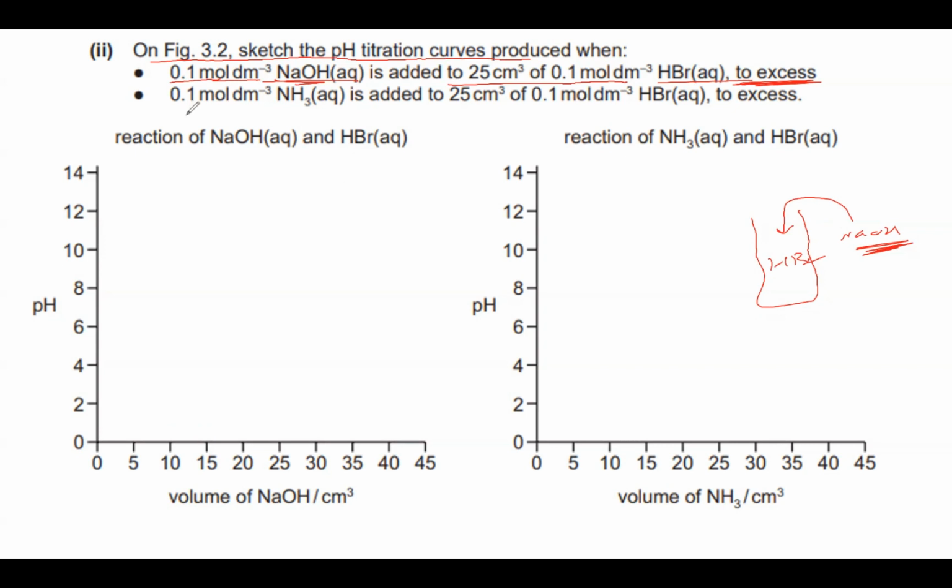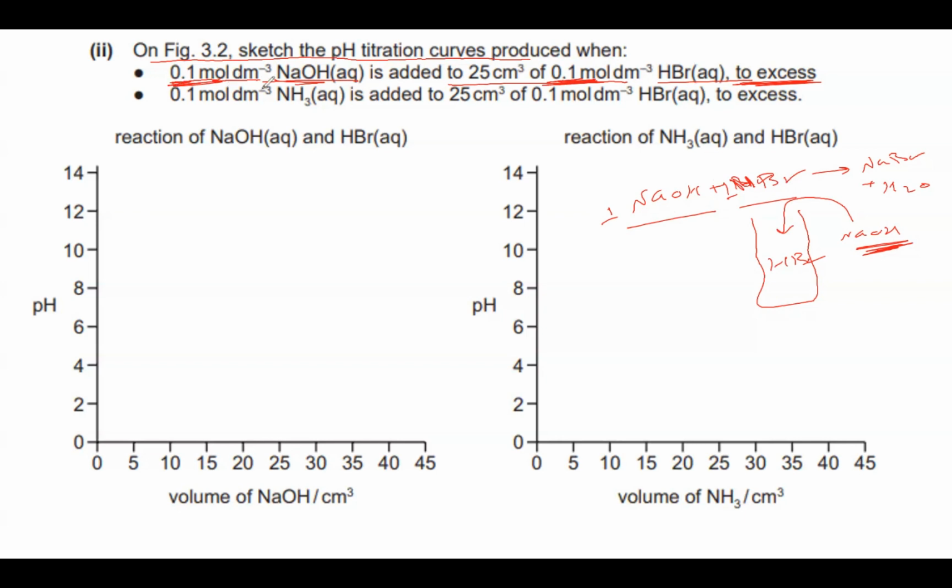So look, guys, NaOH reacts with HBr to give us NaBr, sodium bromide, plus water. 1-to-1 mole ratio. 1 mole of NaOH reacts with 1 mole of HBr, as you see here. And both of them, HBr and NaOH, have the same concentration.